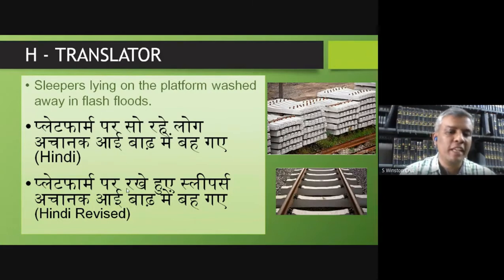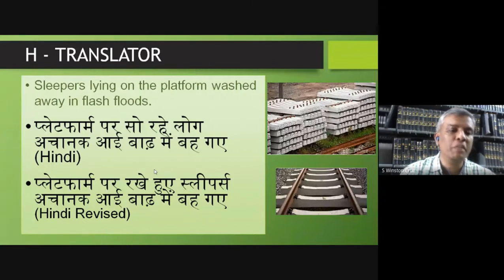The next one says the sleepers which were kept on the platform were washed away. So there is another difference. The first says the people who were sleeping on the platform were washed away in the sudden flood. The second one says that sleepers were kept.